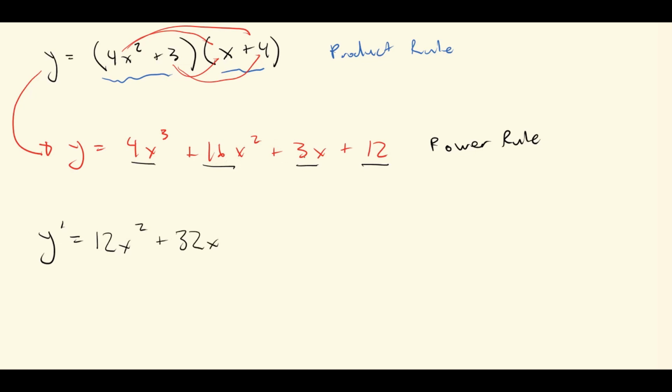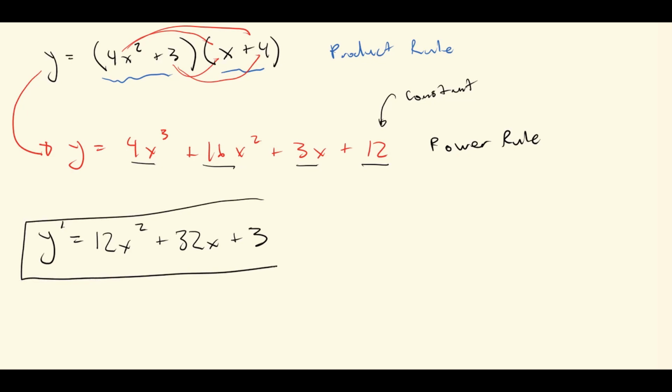And then the derivative of 3x is just going to be 3. And then we have a 12 here. And we know that the derivative of any constant is just 0. So we're not even going to bother writing that down. And that's it. This is the derivative.